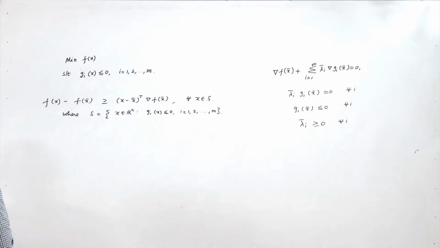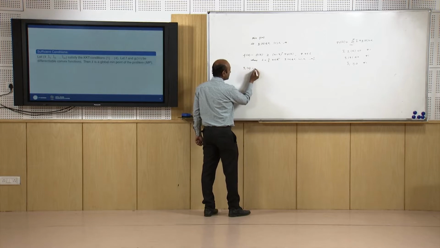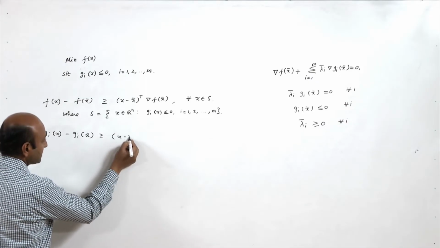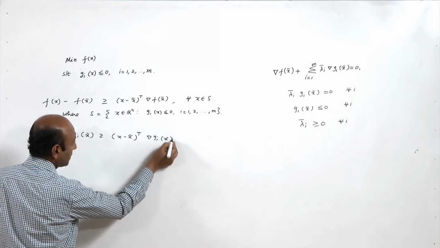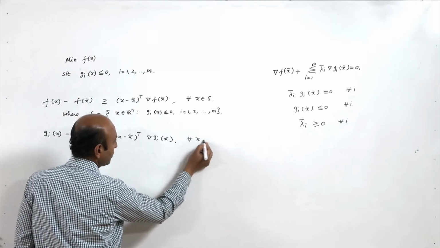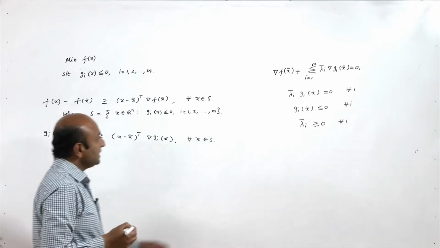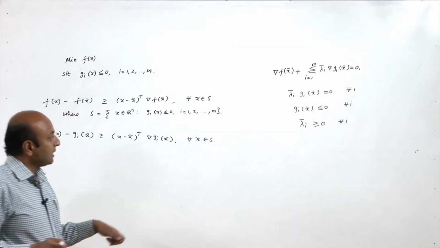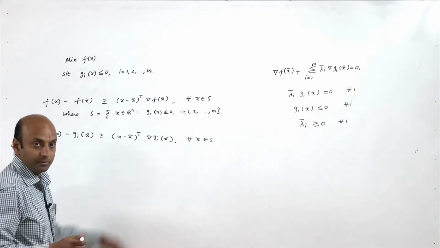Again, g_i is also convex for all i. This means g_i(x) minus g_i(x bar) must be greater than or equal to (x minus x bar) transpose gradient of g_i(x bar), and it must hold for all x belonging to S also. And these conditions hold, it is given to us in the statement. So, lambda_i bar are non-negative, so we can multiply by lambda_i bar here.